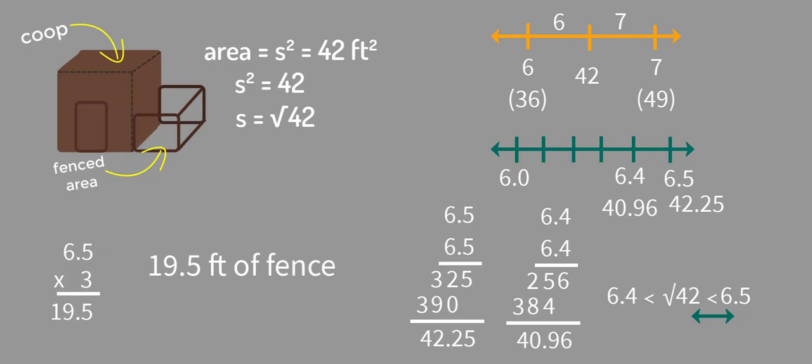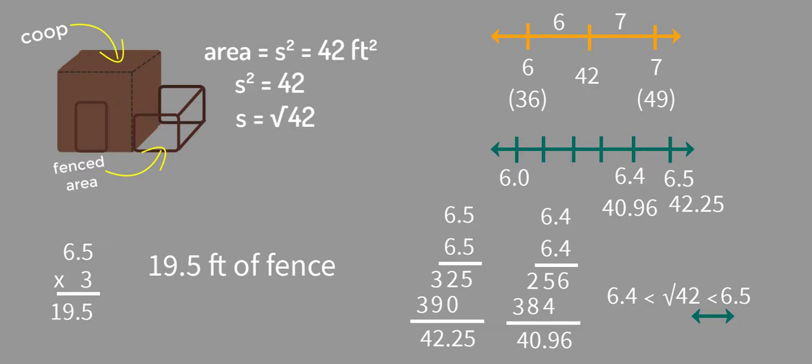So again, we start off by finding what our exact length of each side is going to be. We see which perfect squares are closest, and then we just zoom in until we find the nearest half foot which is closest to the square root in question.